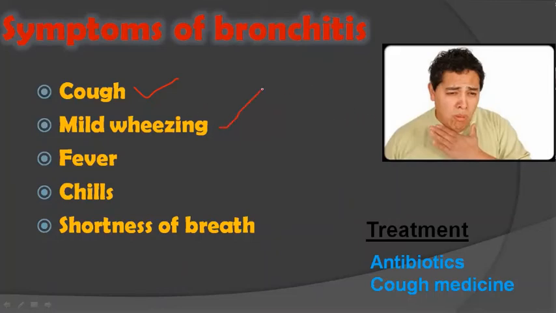Mild wheezing: a whistling sound comes out when we breathe, due to the presence of that mucus. Most of the time in chronic, and sometimes in acute bronchitis as well, fever is a common symptom, along with chills and shortness of breath.